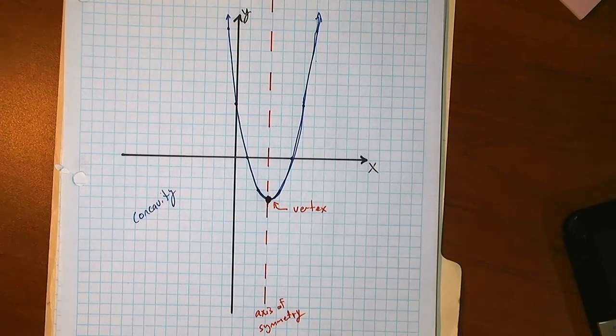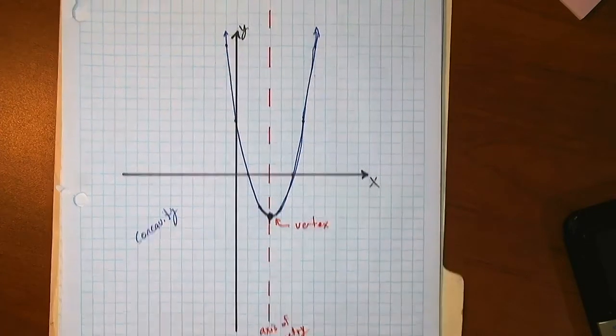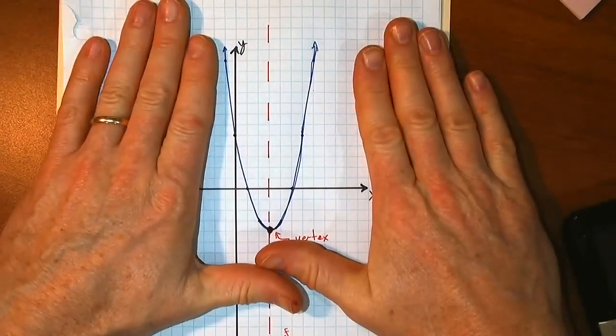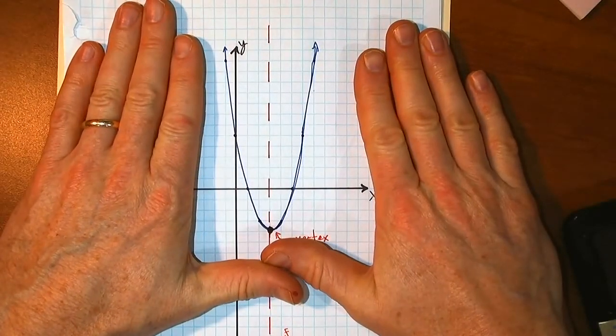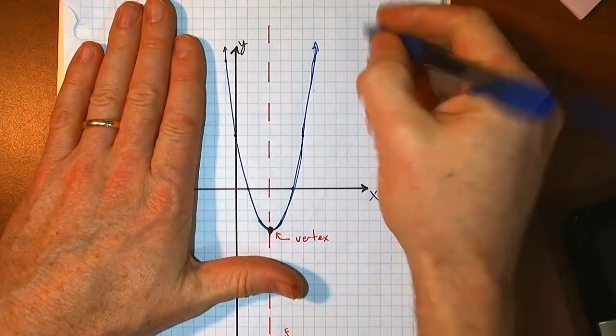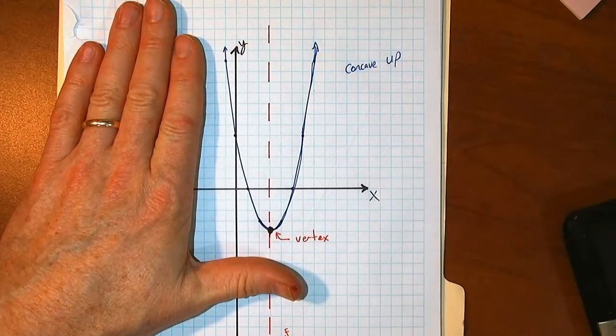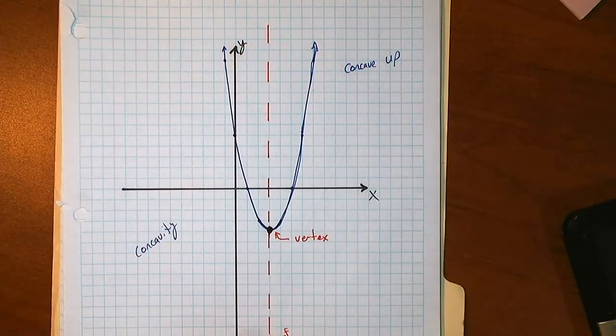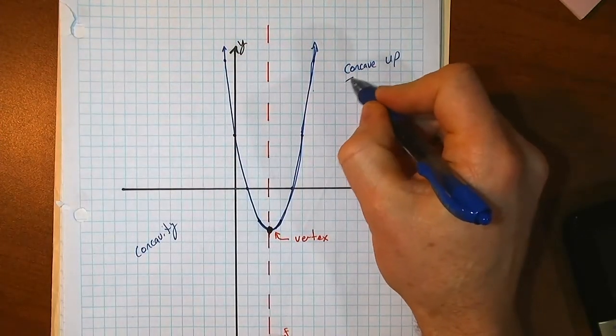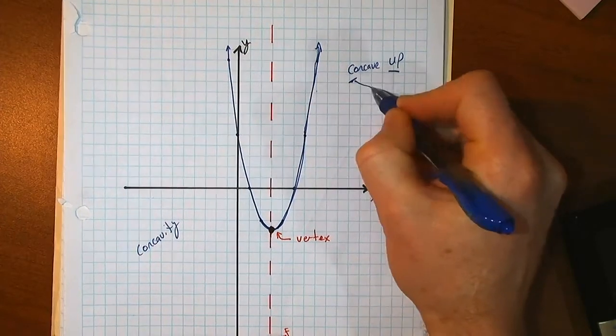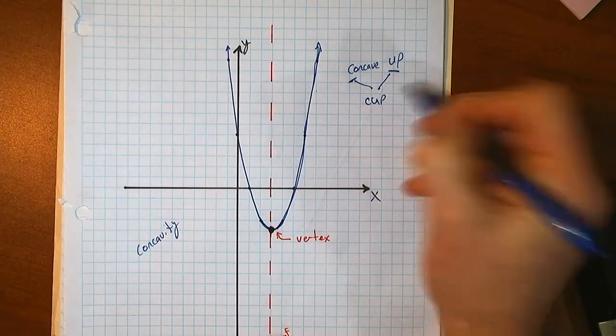Then what we do is talk about what direction the cave is facing, okay? This particular parabola right here is called concave up. The way that I remember it is that concave up is like a cup.